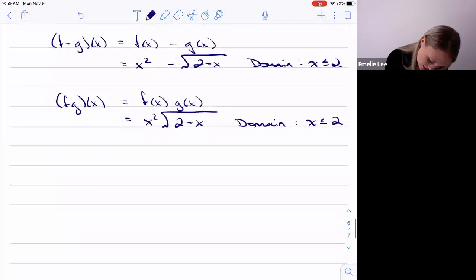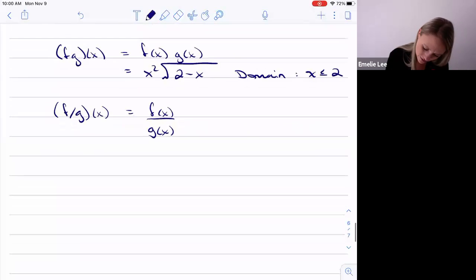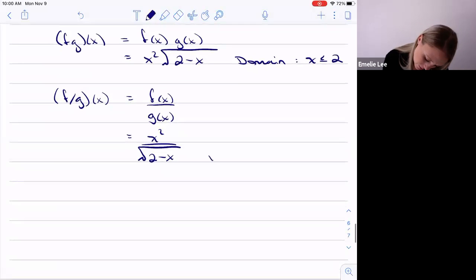And then finally, f divided by g of x is f of x over g of x, which is going to be x squared divided by the root of 2 minus x. Okay. The domain here is that x has to be less than or equal to 2, right?